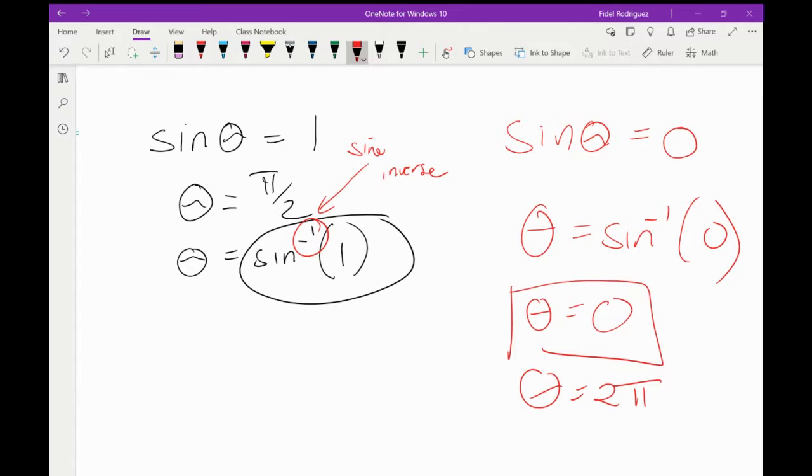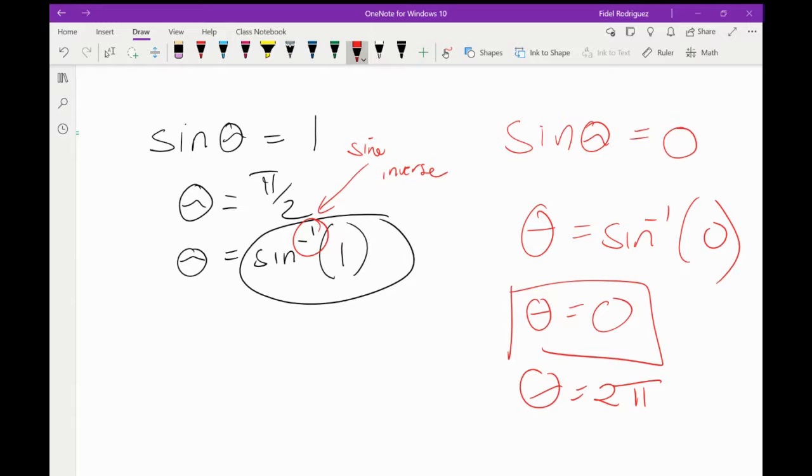The idea of a function is that for every number that you plug in, like we plugged in 0, we should get exactly 1 answer. We shouldn't be getting 2. Like if I told you, what's 3 squared? You get 9. You don't get anything else.